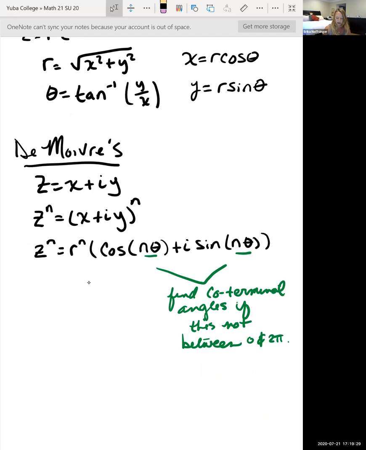And then we could also rewrite this in exponential form, with the same idea for our angle: z to the nth is equal to r to the n, times e to the i n times theta.